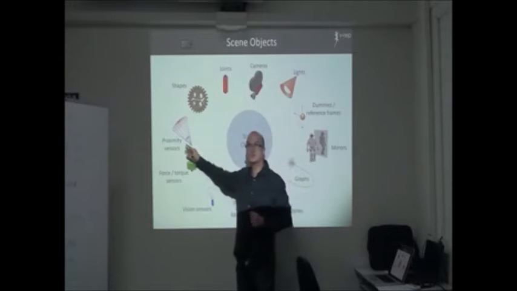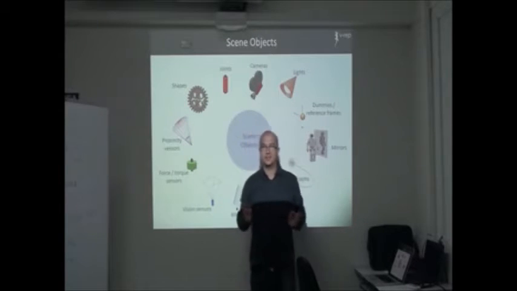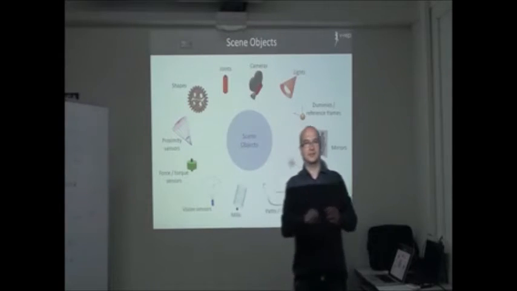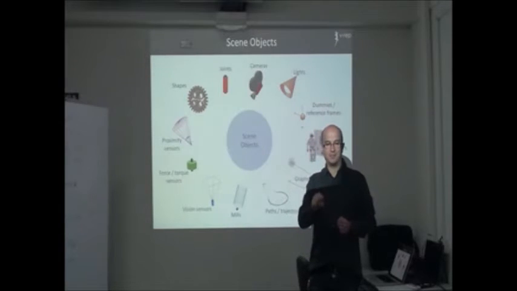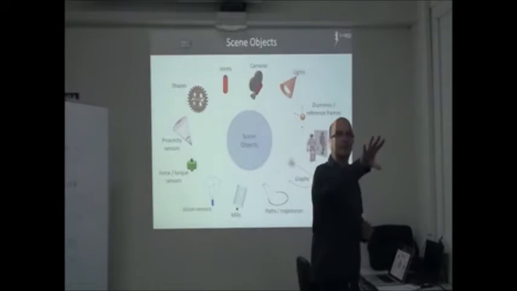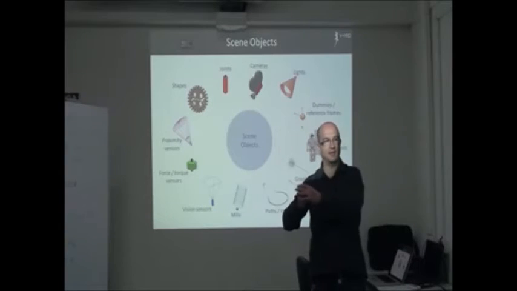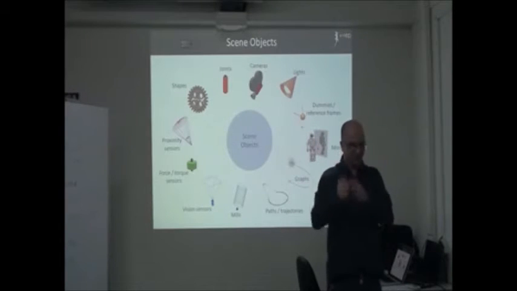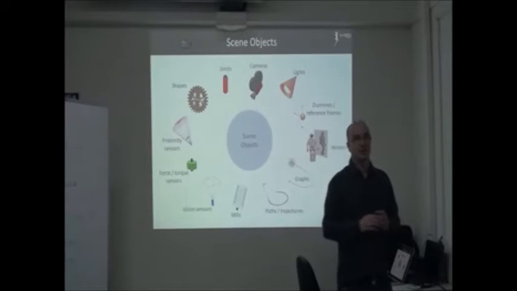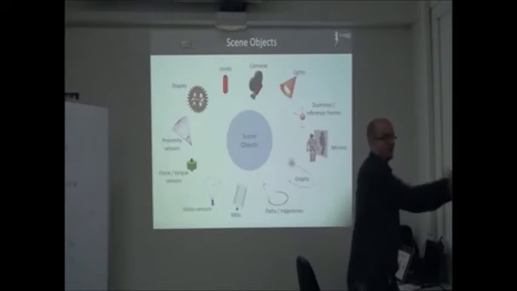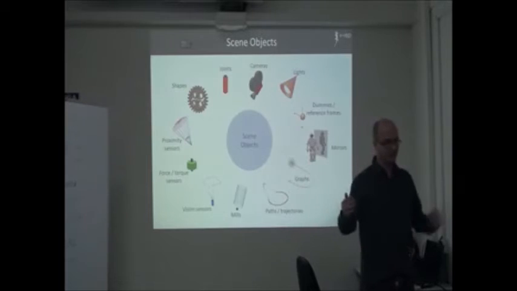For instance, if you have a sonar, you know what a sonar is? We're going to use one. A sonar is basically a sensor that projects a sound, and when the sound bumps into an obstacle, it comes back. You measure the time that you send and the time that you receive. You divide by 2 because it's going and coming, forward and backward.